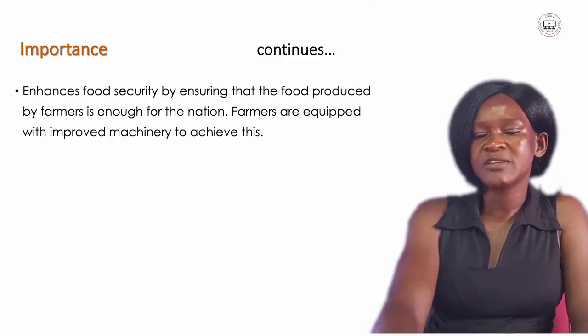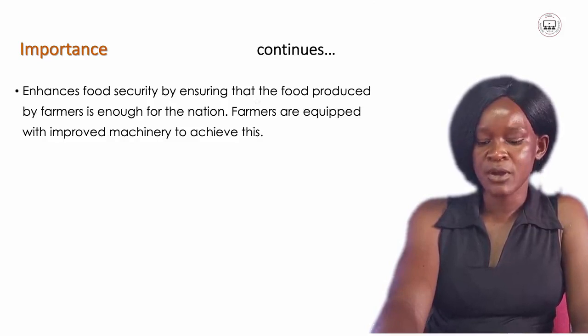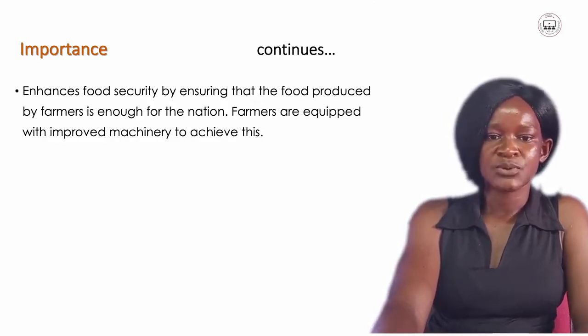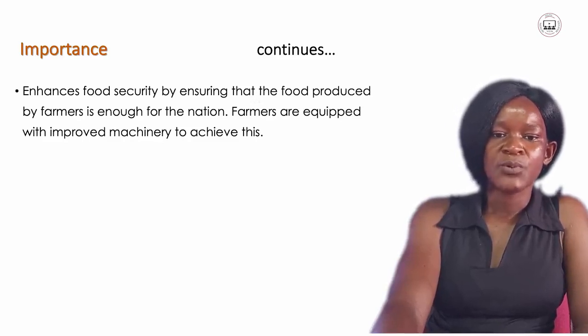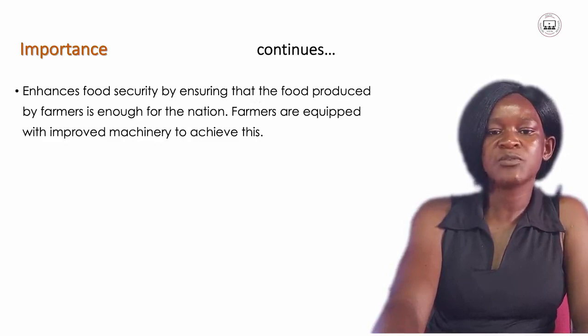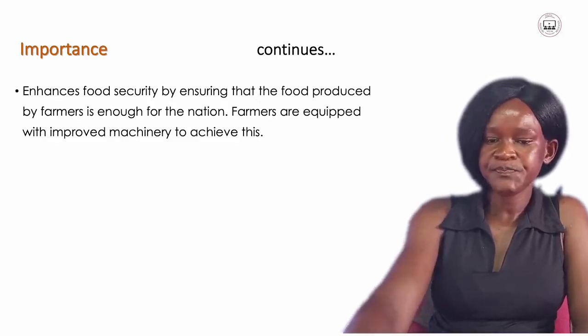Therefore, we can cultivate or even plant a huge farm within a short period of time. That will enhance food security in the sense that we can harvest more because of the use of modern machinery.